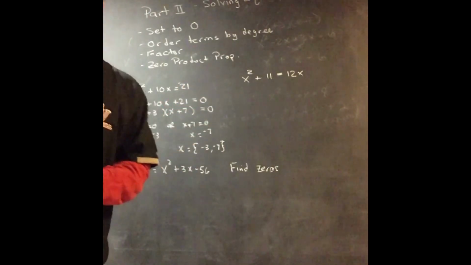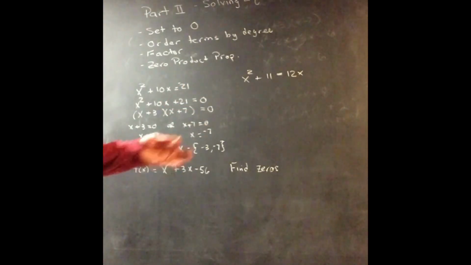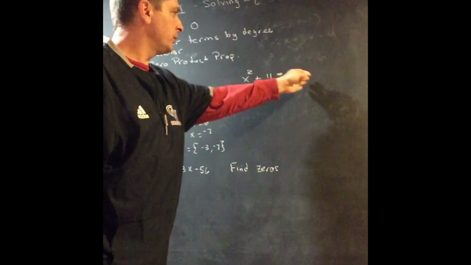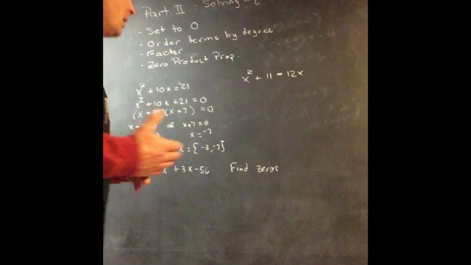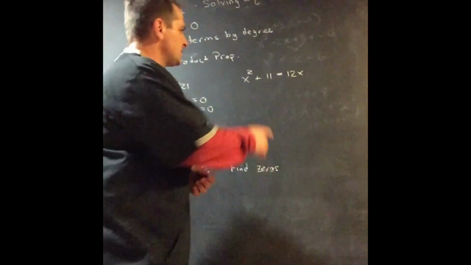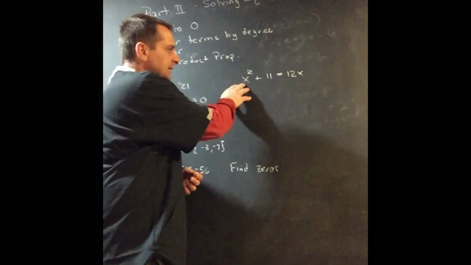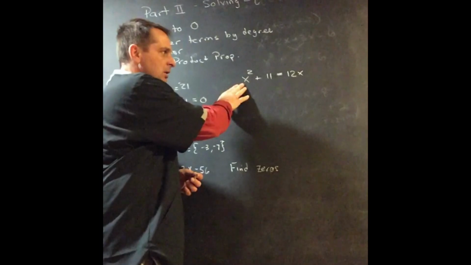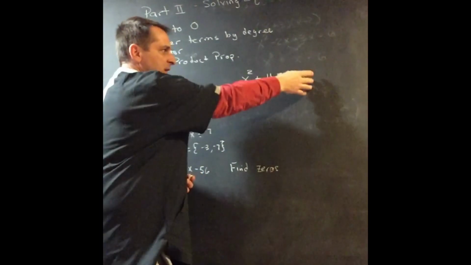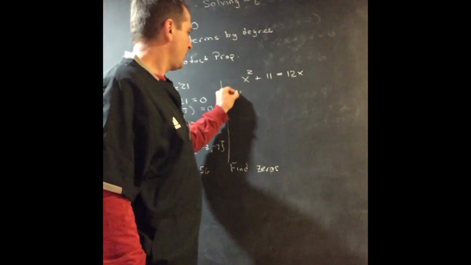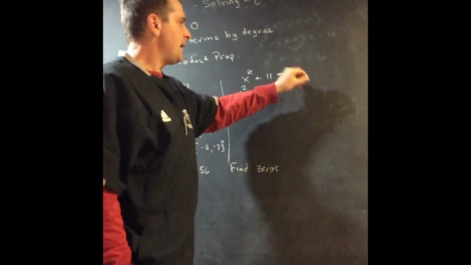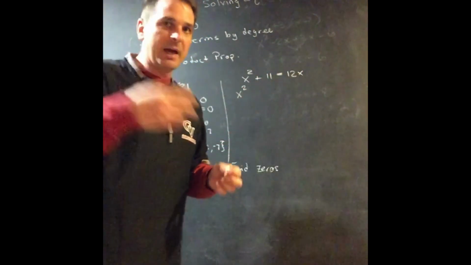Let's do it again for our second example. Again, I've got a term on the other side of the equal sign, so I want to make sure I bring everything to the same side. I'm going to bring everything to the side that makes the x squared term positive, so it's already positive right here. So I'm going to subtract 12x from both sides to bring this guy over. So now x squared, and when I do this, I'm kind of thinking in my head a step ahead.